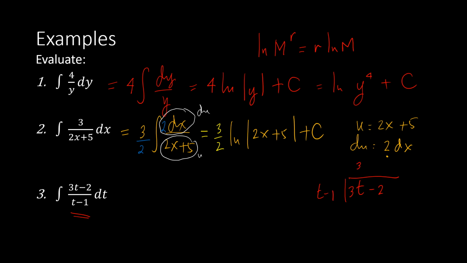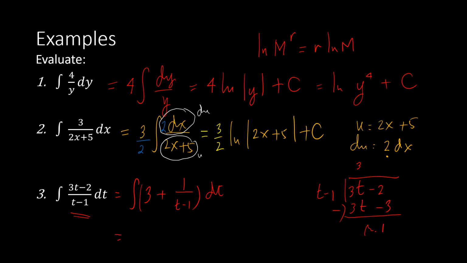So this will be 3, then 3 multiplied to t minus 1 will give us 3t minus 3. Then we subtract, so 3t minus 3t is 0. Negative 2 minus negative 3 becomes negative 2 plus 3, or 1. So our remainder is 1. So we write now our integral as 3, the quotient, plus the remainder 1 all over t minus 1, everything dt.